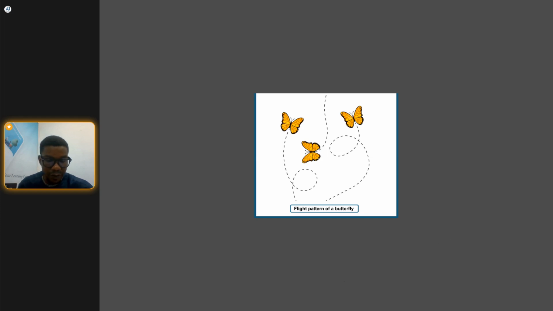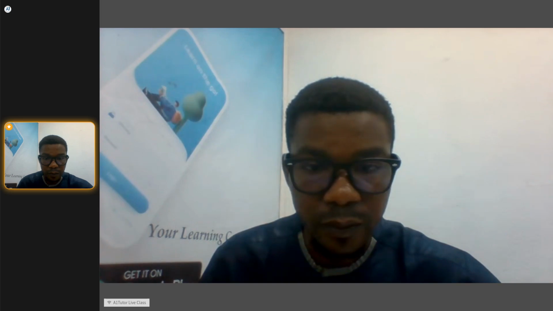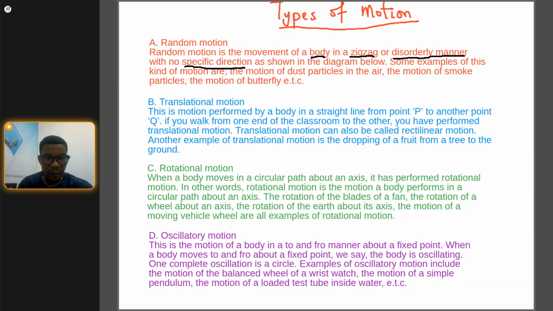Let's go back to our definition. So random motion: a body moves in a zigzag or disorderly manner. Please take note, in a zigzag or disorderly manner, and it has no specific direction. So we have examples: dust particles in the air also undergo random motion.